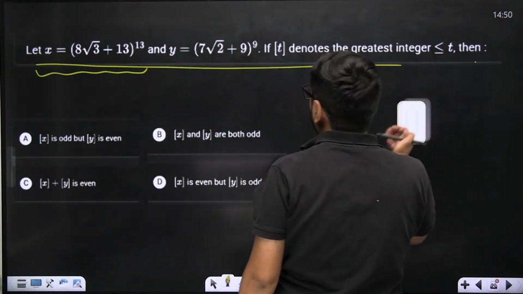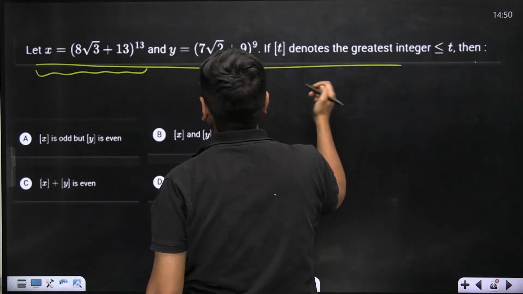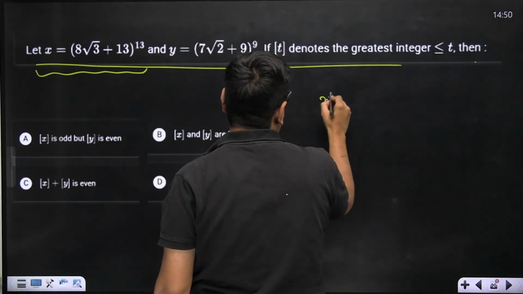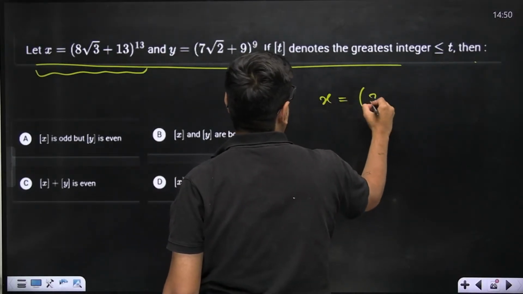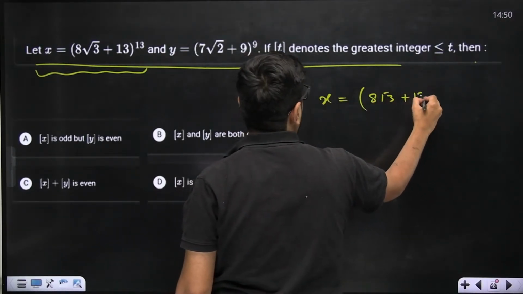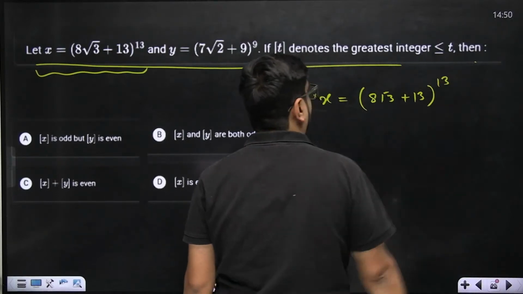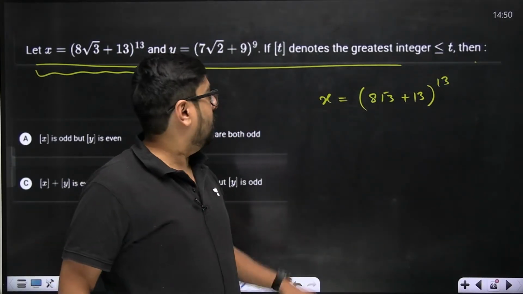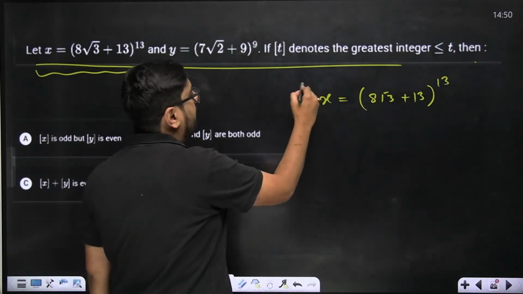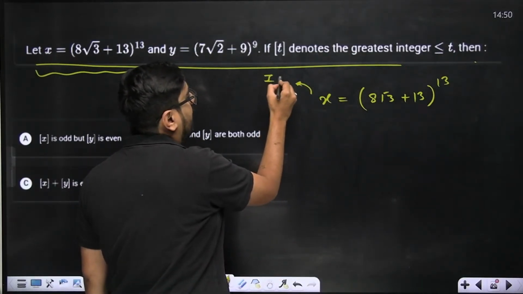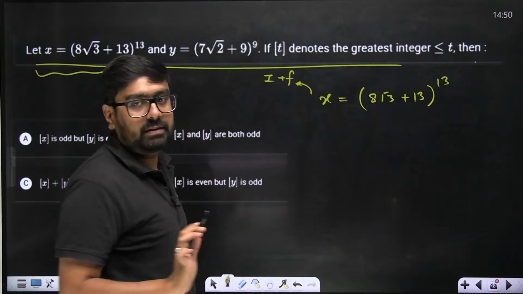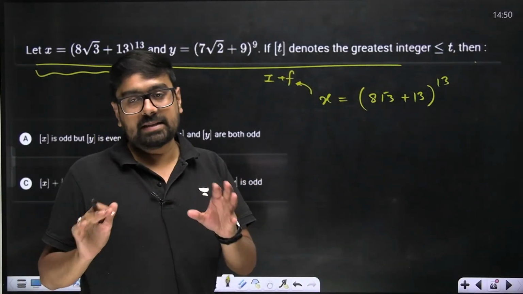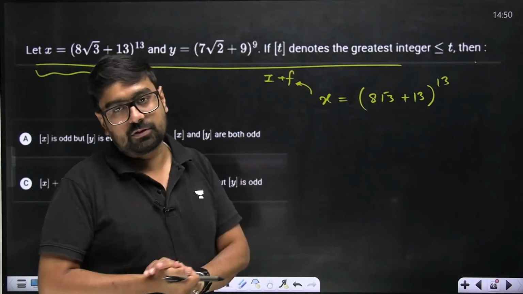What we'll do is we'll take x. This is our x. Let's say 8 root 3 plus 13 to the power 13. Now, this x number will have some integer part and some fractional part. Remember the steps. If you follow these steps, you will never get stuck in these questions.